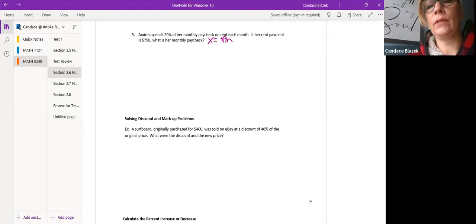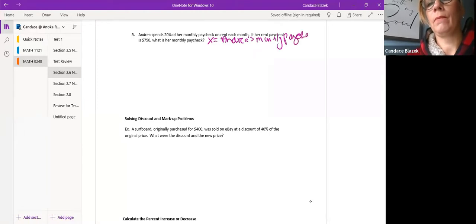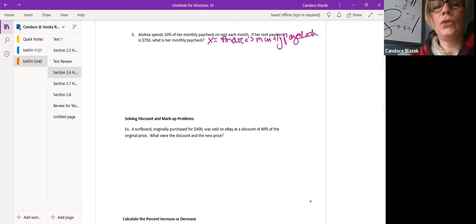So Andrea's monthly paycheck. Okay, now I found that in that last part of the sentence. So Andrea spends 20% of, there's our multiplication, her monthly paycheck, which is our X, on rent each month.